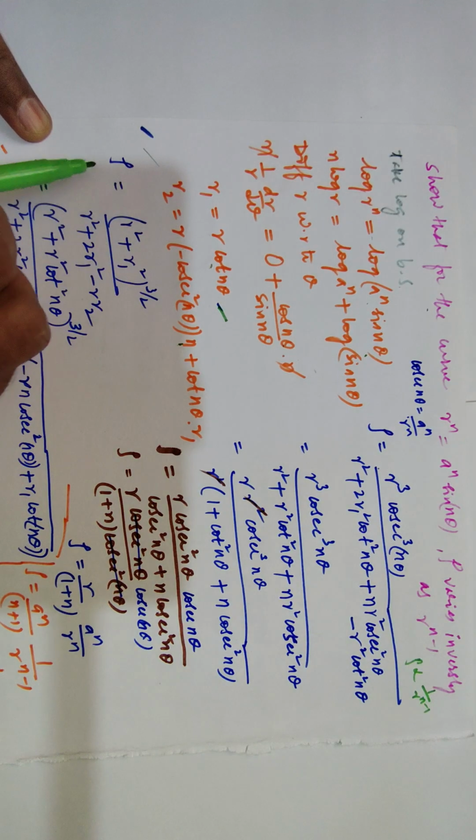You substitute r1 and r2 in the radius of curvature in polar form.